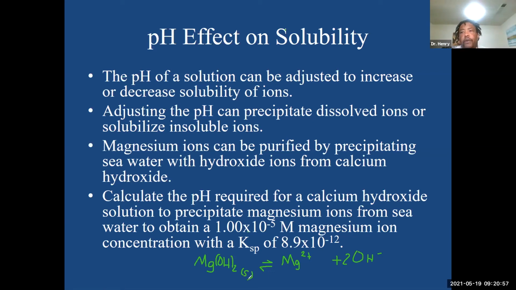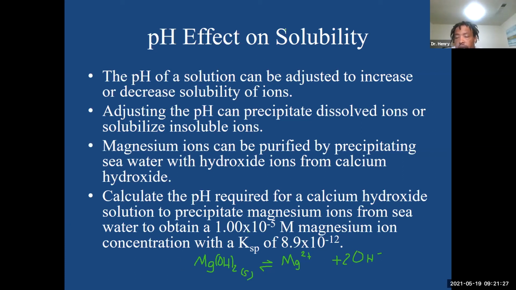So in this situation, they want us to calculate the pH required for calcium hydroxide solution to precipitate the ions from seawater to obtain a 1.00 times 10 to the minus 5 molar magnesium ion concentration with a Ksp of 8.9 times 10 to the minus 12.